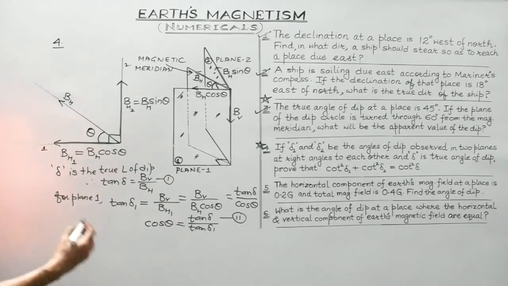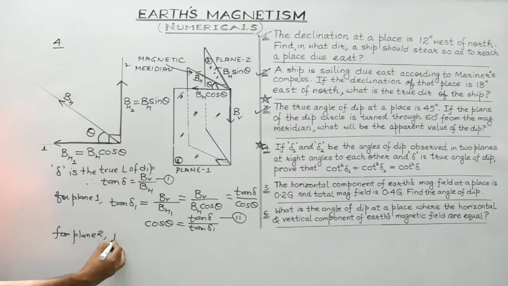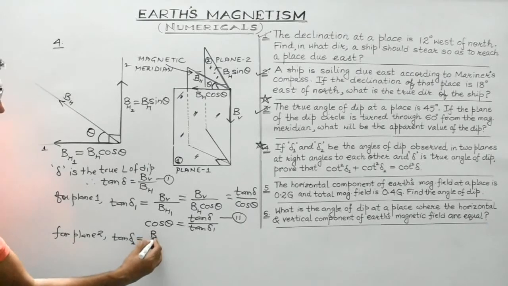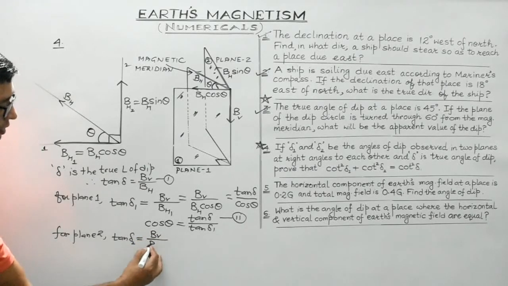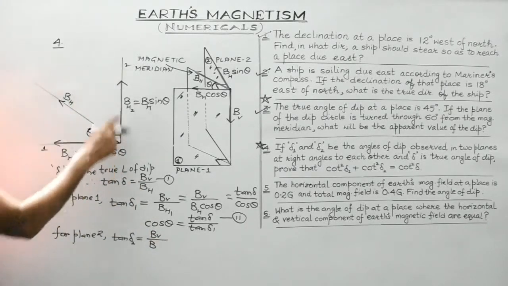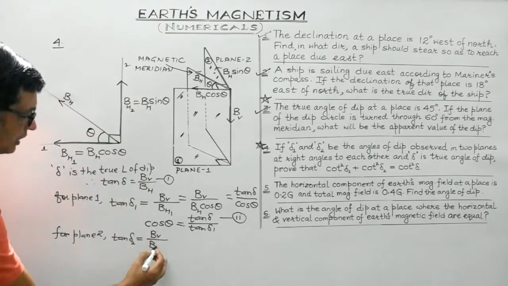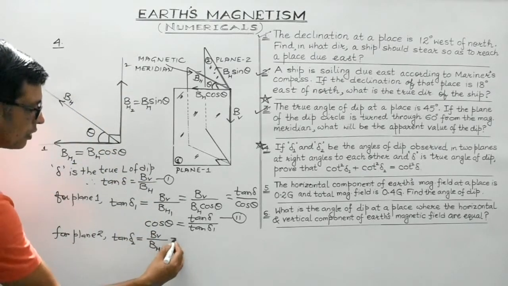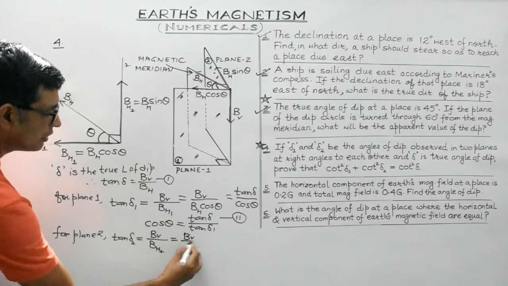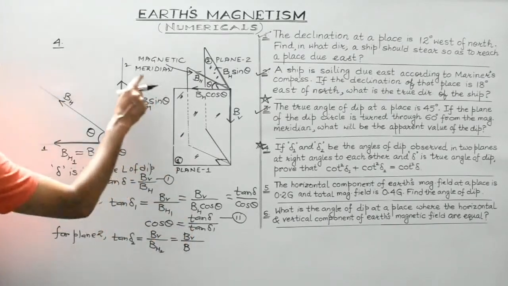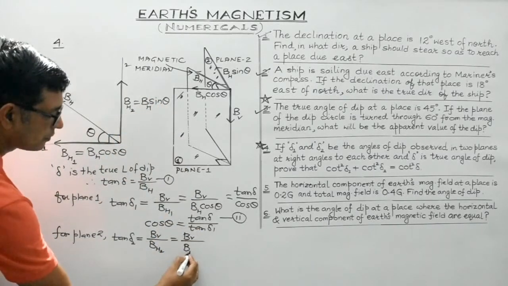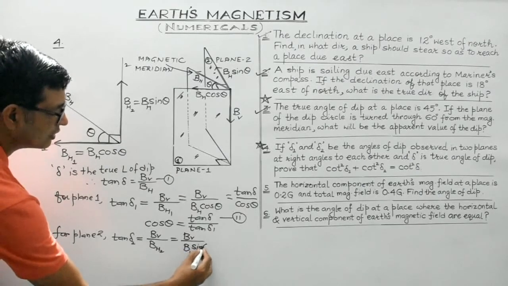Similarly, we'll follow the exact steps for plane 2. The angle of dip is del 2. Tan del 2 will be equal to BV divided by the horizontal component along plane 2, that is BH2, which is BH sin theta.